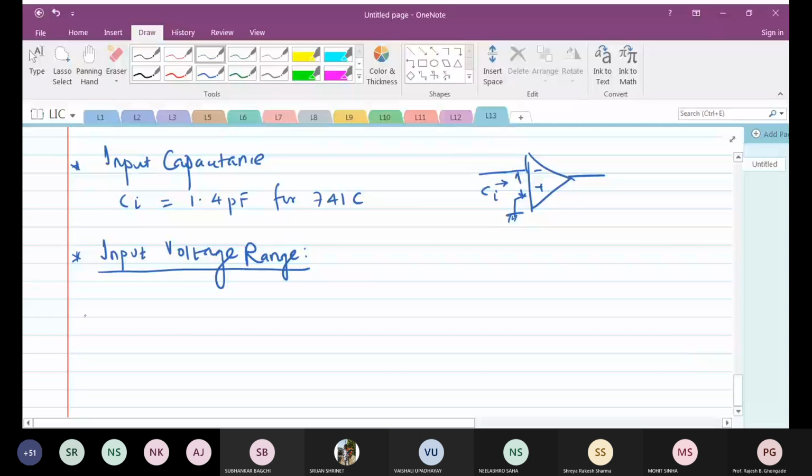For 741, the range of input common mode voltage is plus minus 13 volts max.